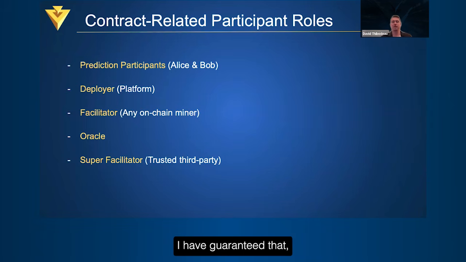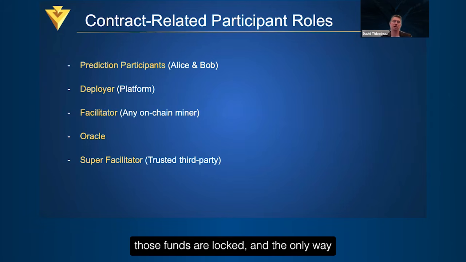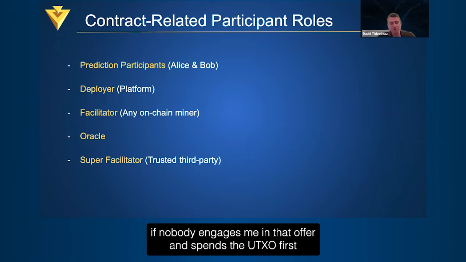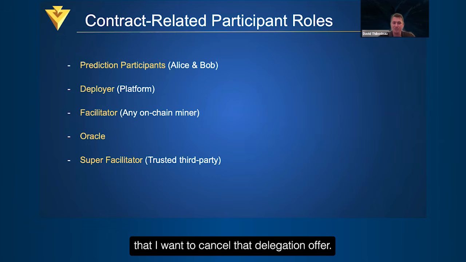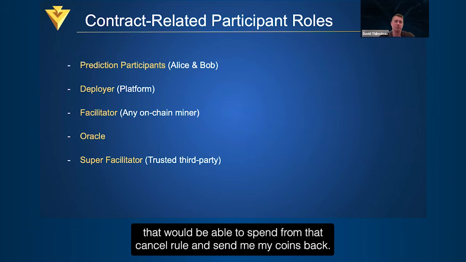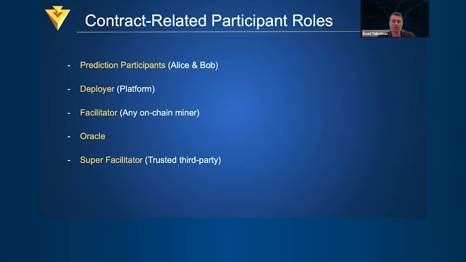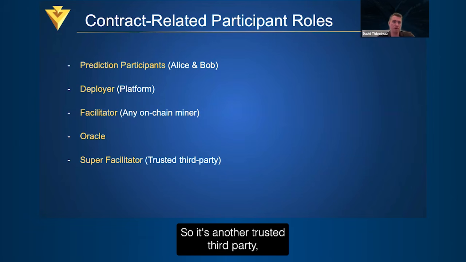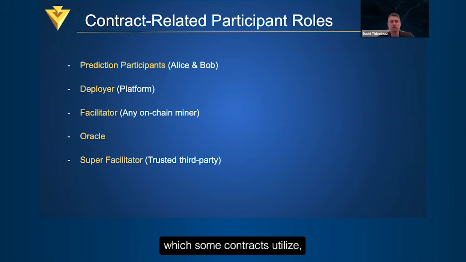I have guaranteed that those funds are locked, and the only way I can get a refund on that, if nobody engages me in that offer and spends the UTXO first, and I want to cancel that delegation offer, the super facilitator is the one delegated entity that would be able to spend from that cancel rule and send me my coins back. So it's another trusted third party, which some contracts utilize, some contracts do not.